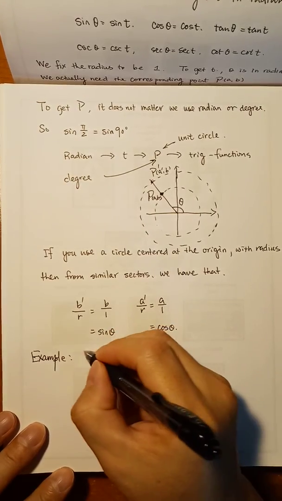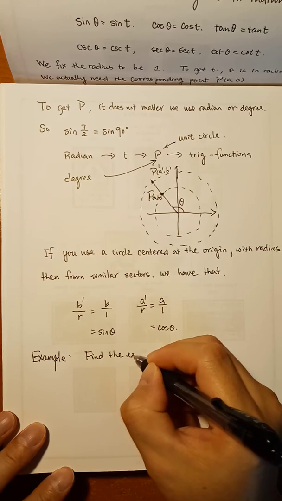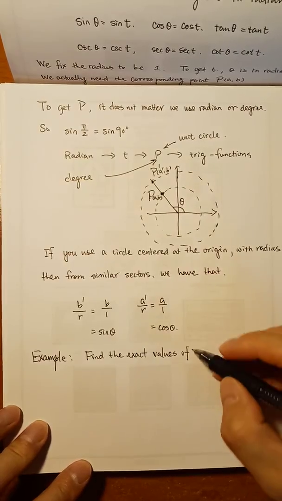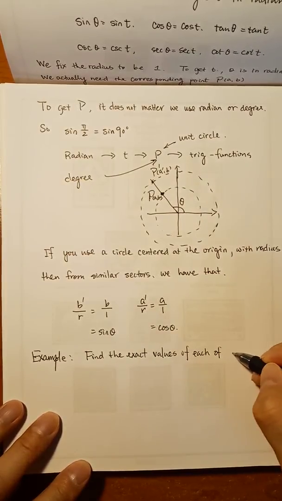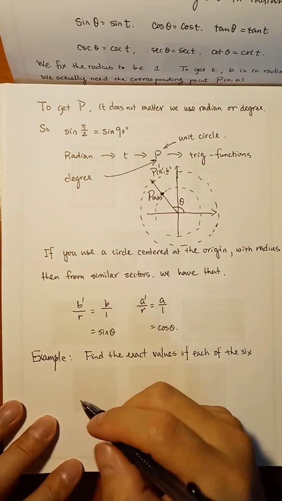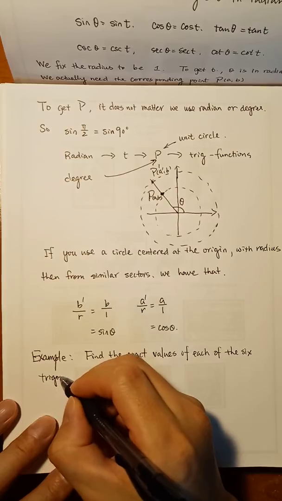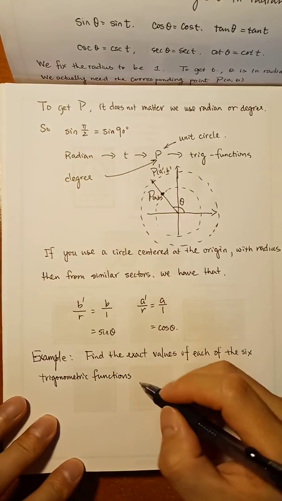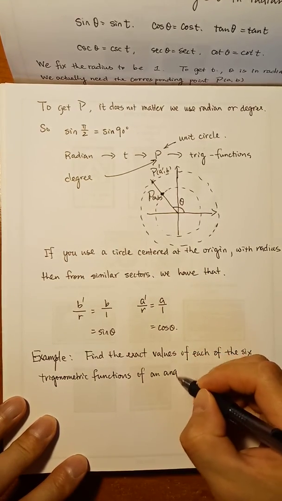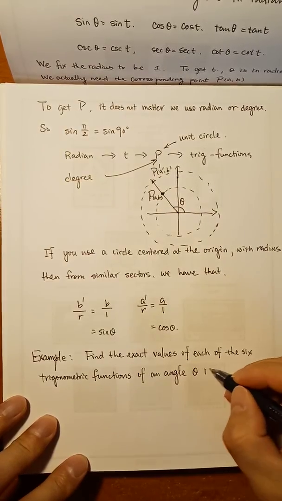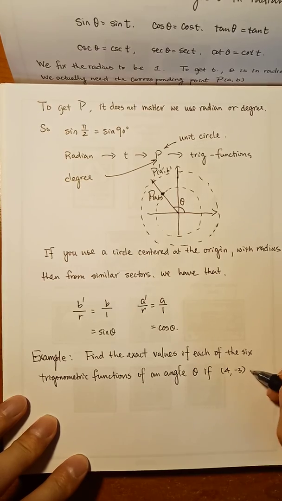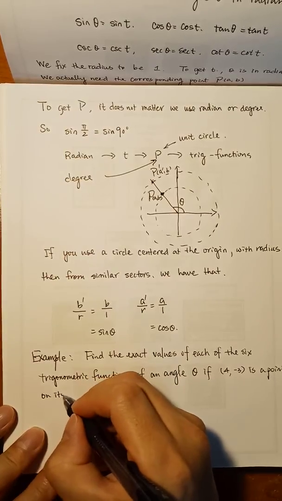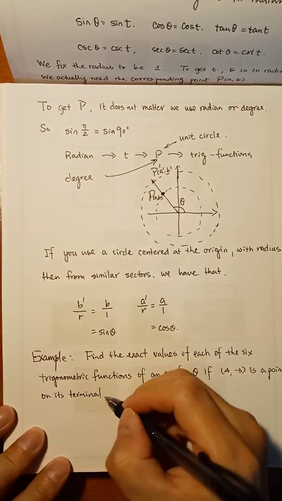Okay, so find the exact values of each of the 6 trigonometric functions of an angle theta if (4, -3) is a point on its terminal side.